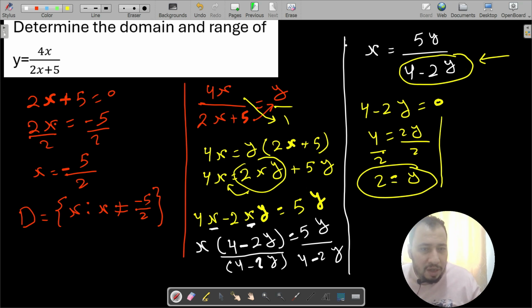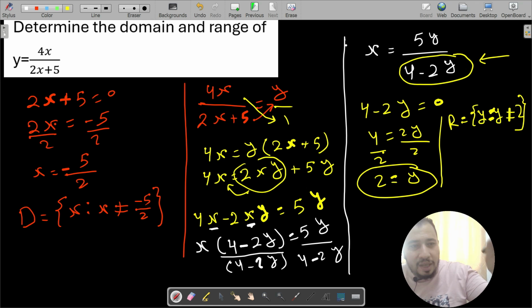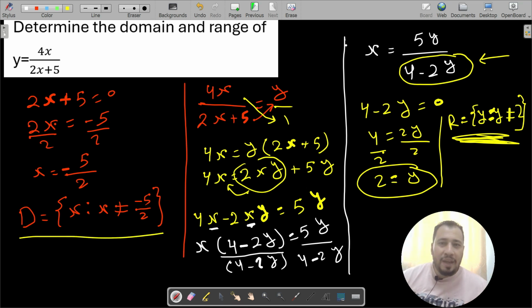That's why you can write here that the range R equals y, where y cannot equal 2. The range is any value which cannot equal 2. All other values are possible. This is how we got the range here, and this is how we got the domain of this fractional function.